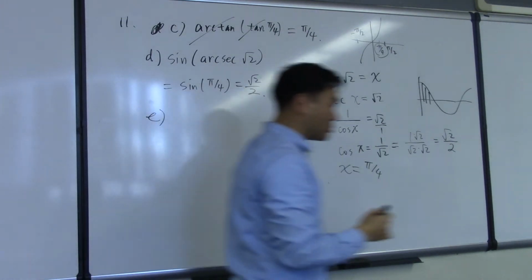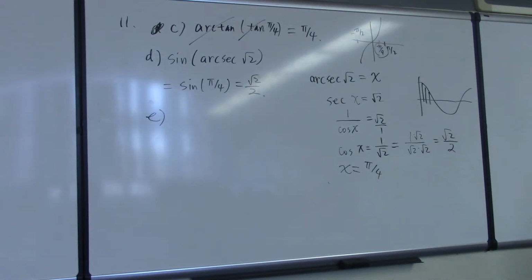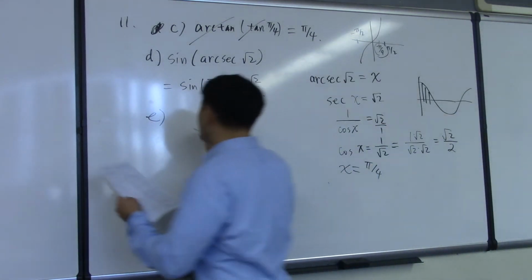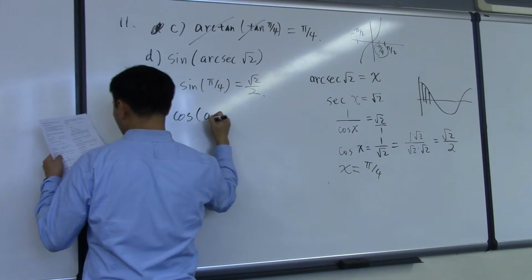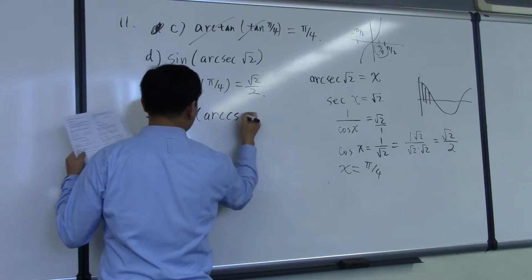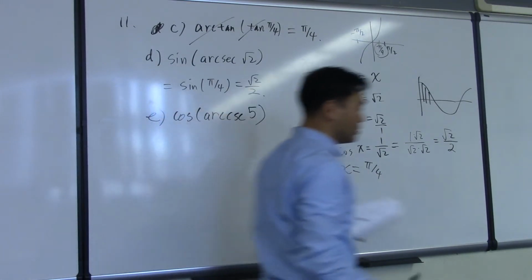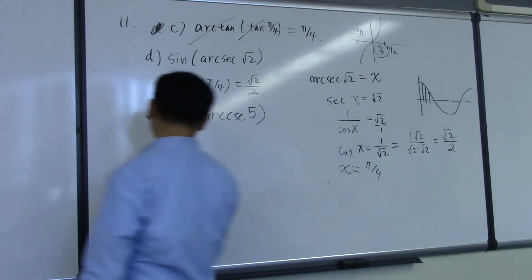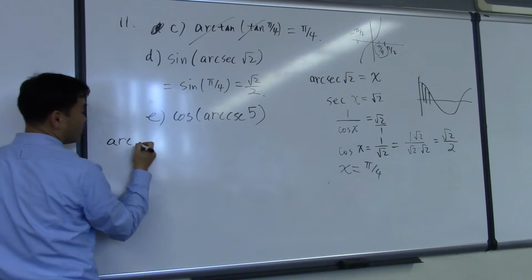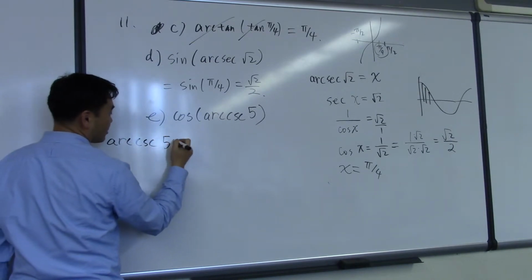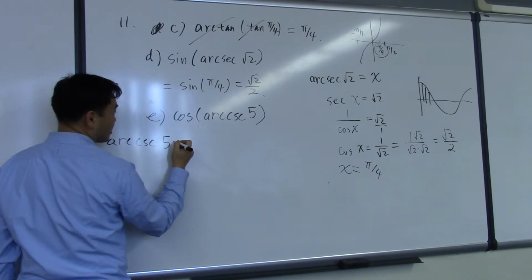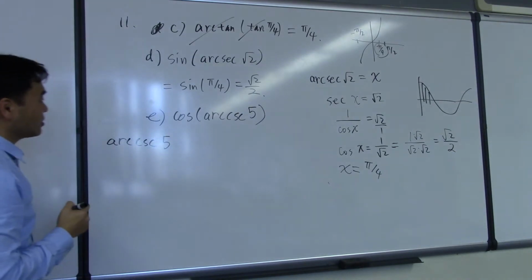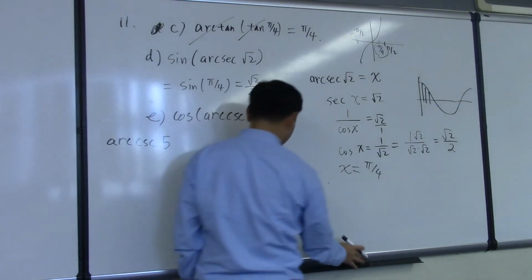Now let's do a similar one. E, cosine of arc cosecant of 5. Same deal. You first figure out what arc cosecant of 5 is. Oh. No, it's not the same deal.